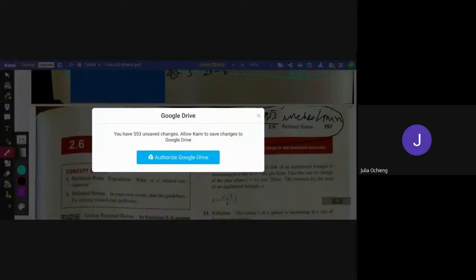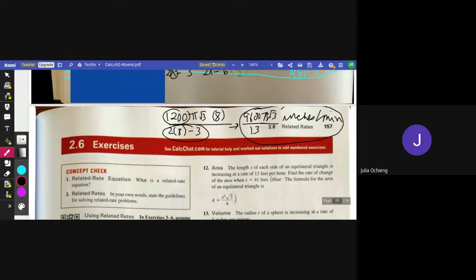If you want to round that to the nearest thousandths place, it's going to be 9600 divided by 13 times pi times square root 3 is equal to 4018.263 inches per minute.